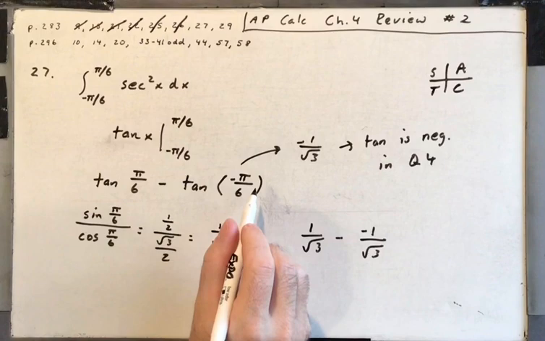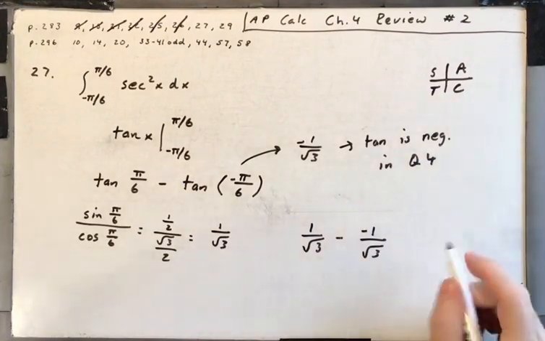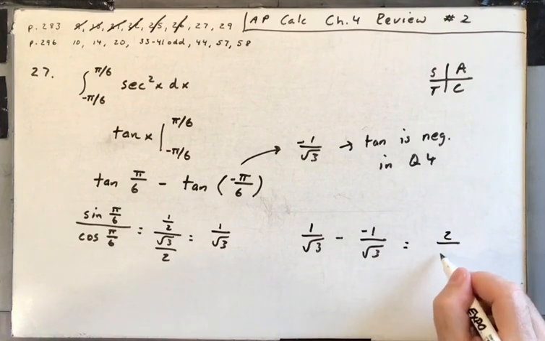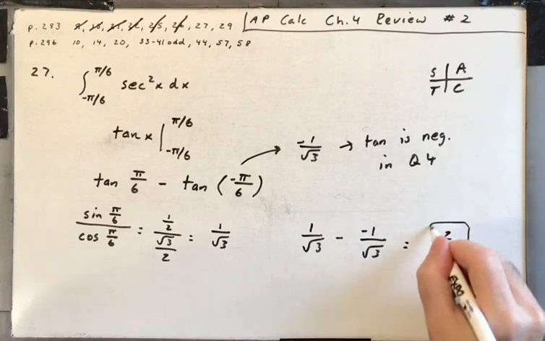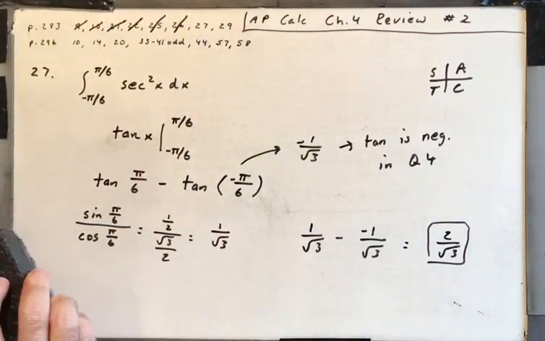So remember, pi over 6, you just go down pi over 6 into quadrant 4. So that's going to be 2 over root 3. Or, if you rationalize, 2 root 3 over 3. Let me check the back of the book, 27. Yep, that's the answer. All right. One more.